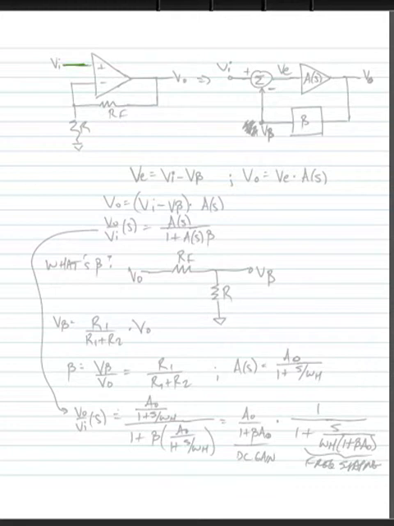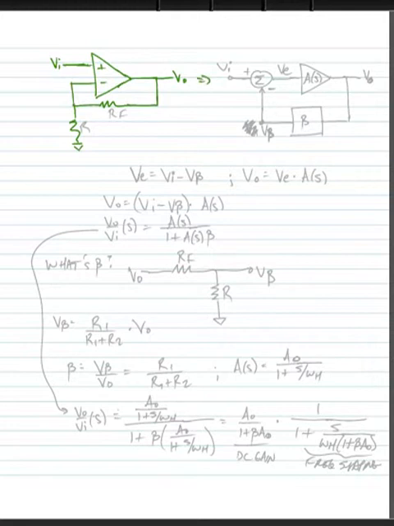So with our op amp that we were looking at in the last part of the lecture, just a basic non-inverting op amp, we had something that looked like this.